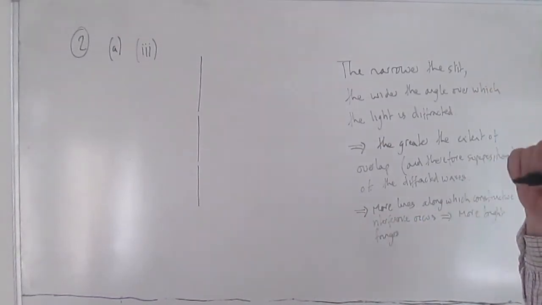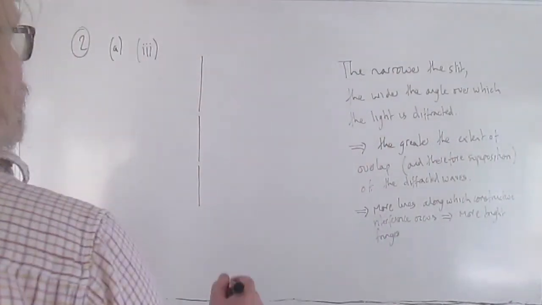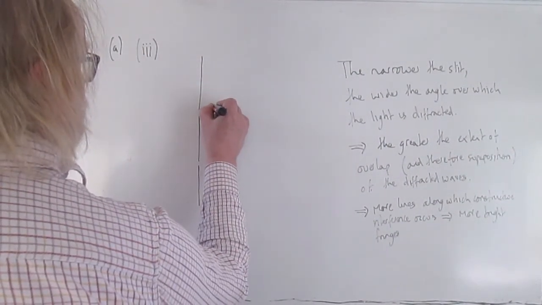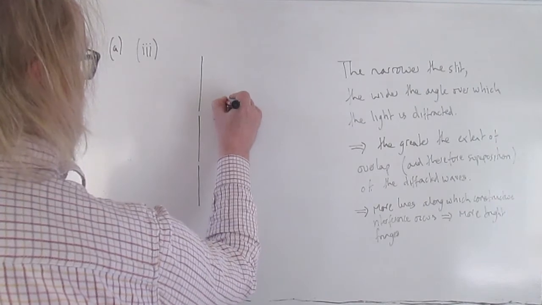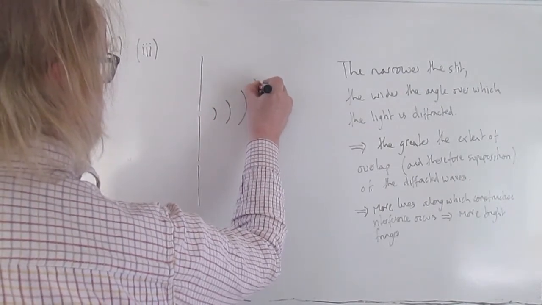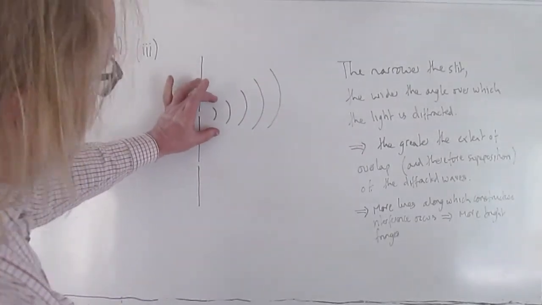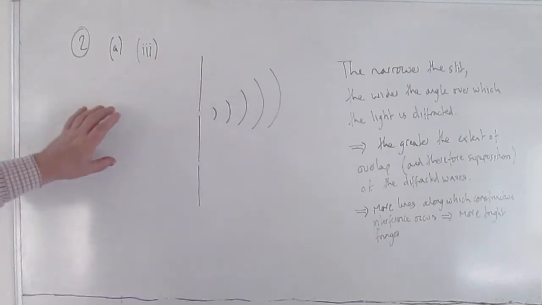And you can see that in a qualitative way by imagining that if you have quite wide slits, you only get this relatively narrow range of angles over which diffraction occurs. So you might get this, and beyond that the intensity is really very limited.